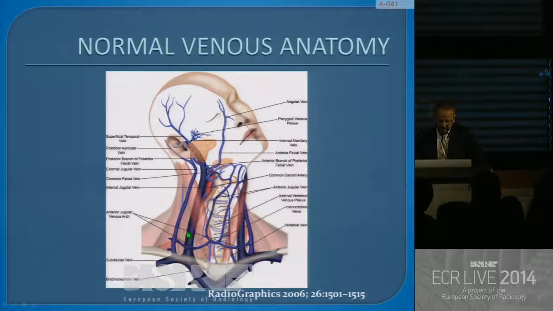One is the largest one, the internal jugular vein. The other one is the vertebral vein. And the third one is the external jugular vein, which has some connections on both sides and arranges a network that drains the anterior part of the neck.